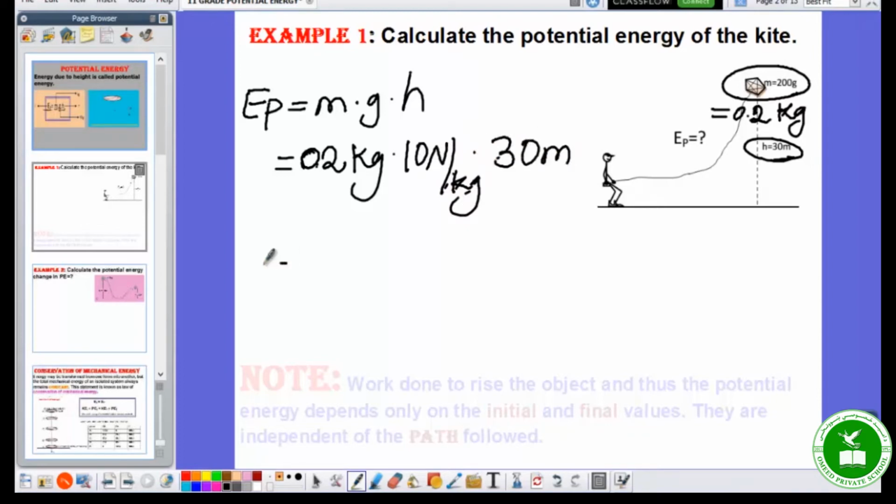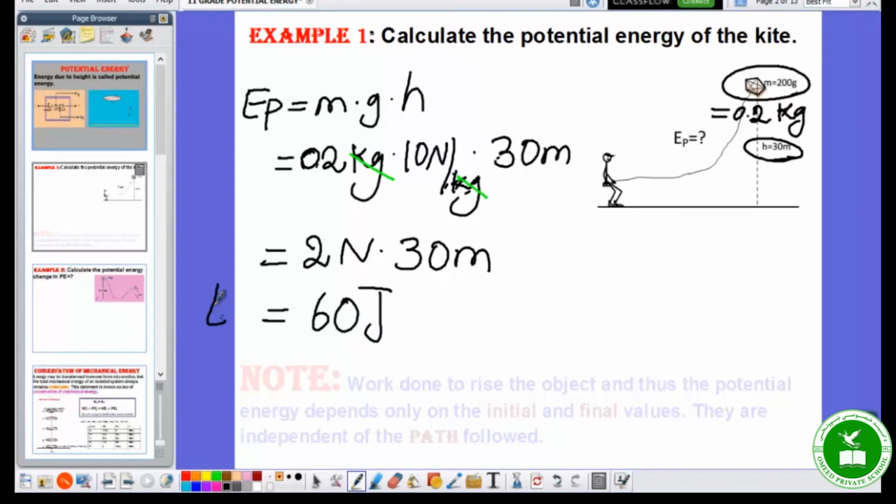Now, kilogram cancels. The remaining terms: 0.2 times 10 will be 2 Newton. Here we have 2 Newton times 30 meter, which finally becomes 2 times 30, which is 60 Newton times meter, or joule.